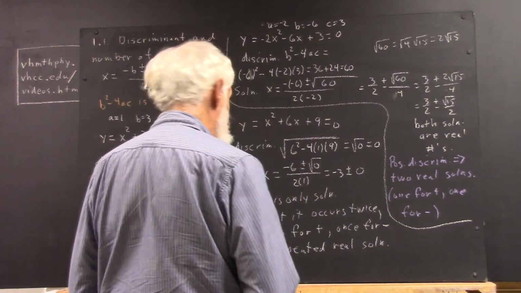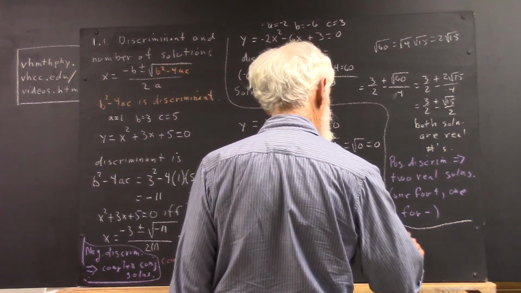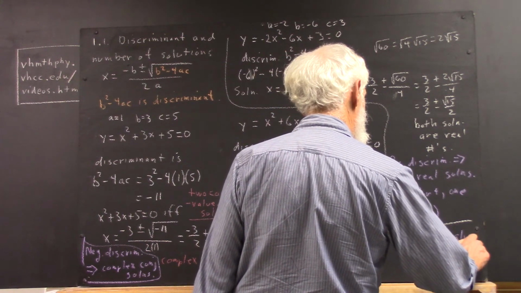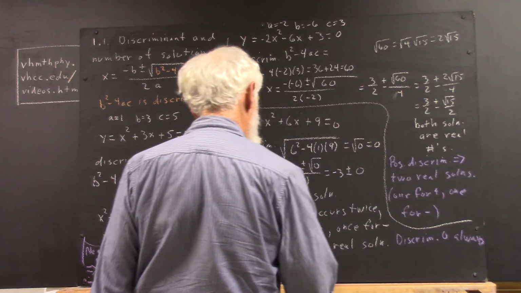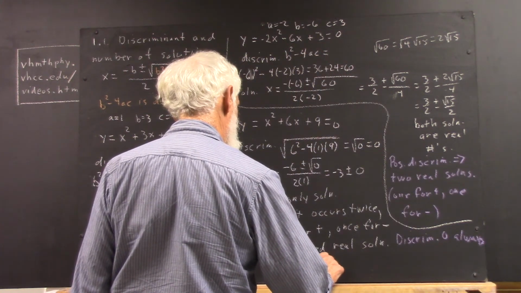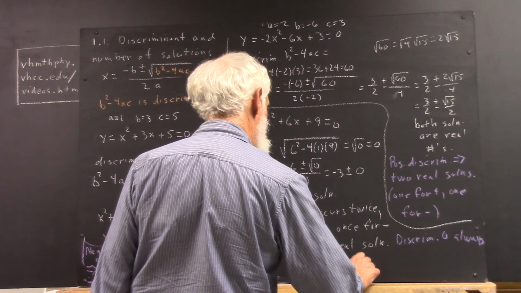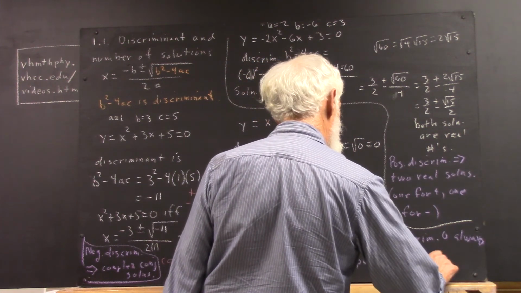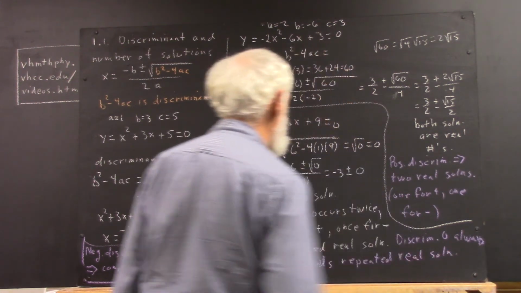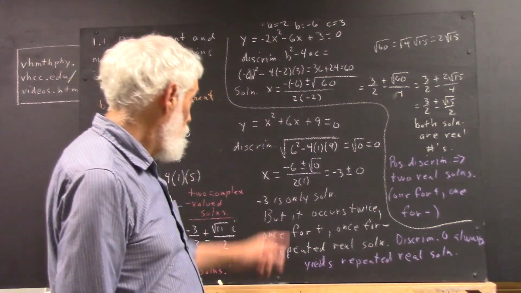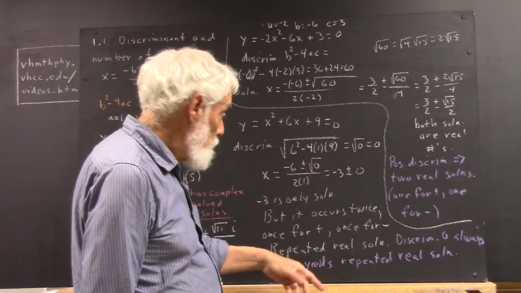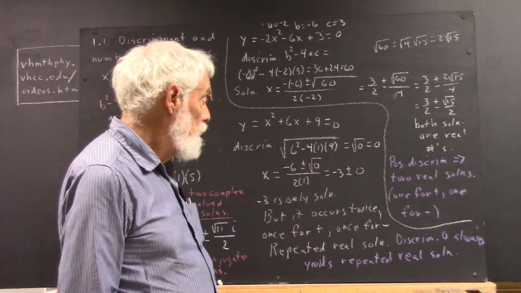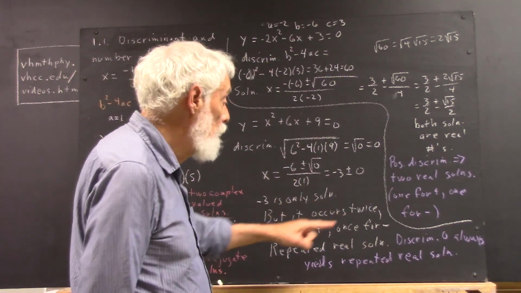So we can say discriminant 0 always yields a repeated real solution. Whatever you get from the B over the 2A, that's going to be it. If your discriminant is 0, plus and minus don't do anything except give you the same result twice, a repeated real solution.